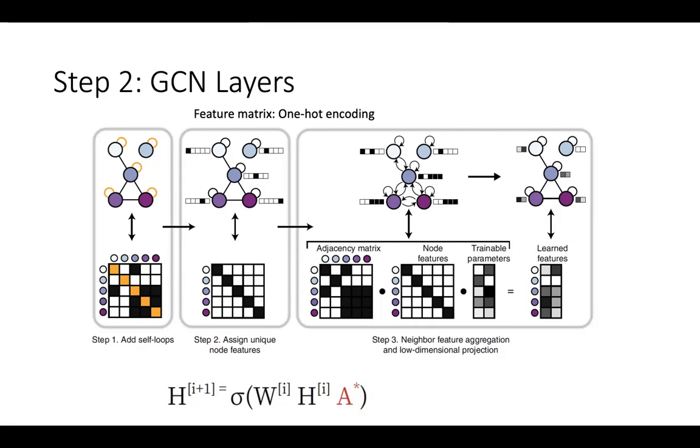I think W is from that linear layer, not from the matrix multiplication. The matrix multiplication you described is HA. H is the node features and A is the standardized adjacency matrix. Mhm. W is the weight for the linear layer. I think so. Yeah.